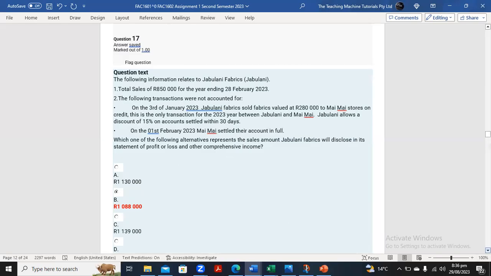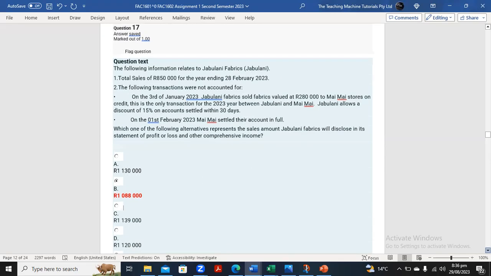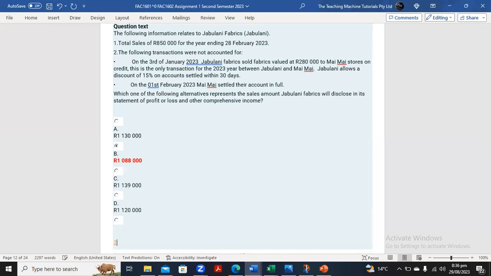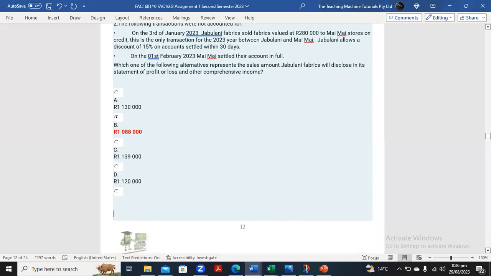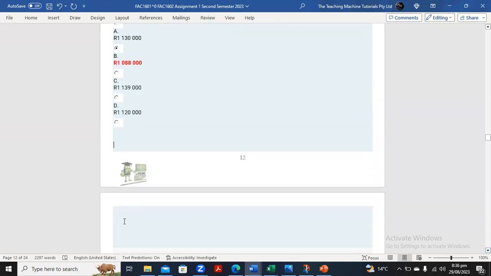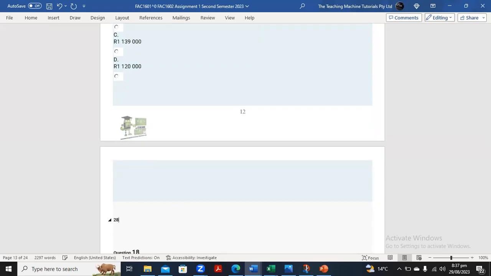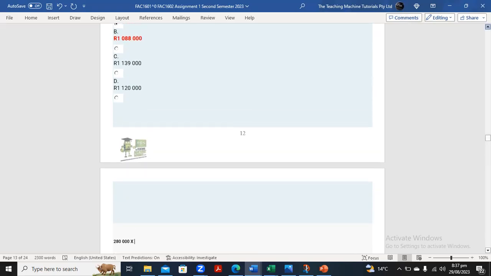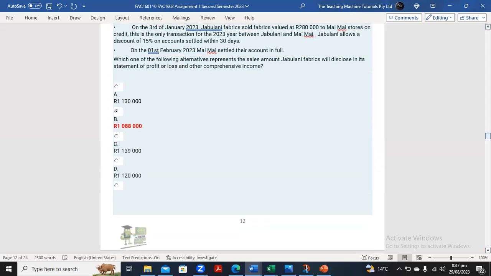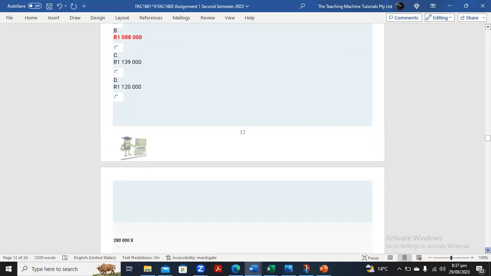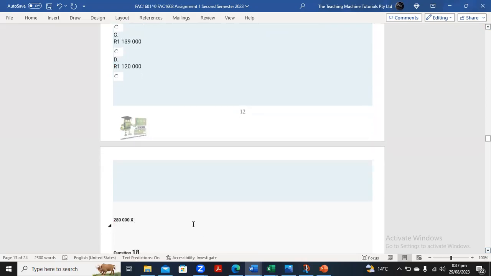So we take the amount of the sales made to Mai, which is 280,000. 280,000 multiplied by... they were given a discount of how much? 15%. So how much is 100 minus 15?